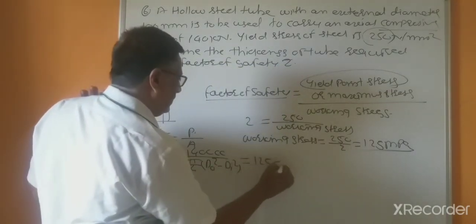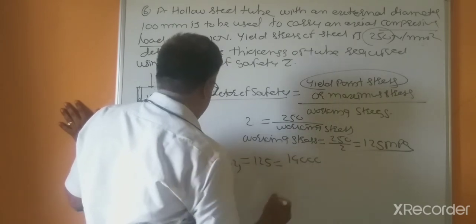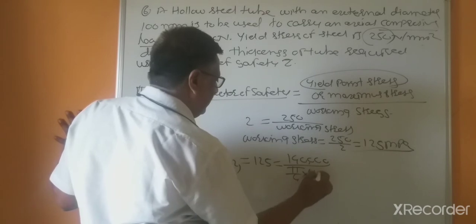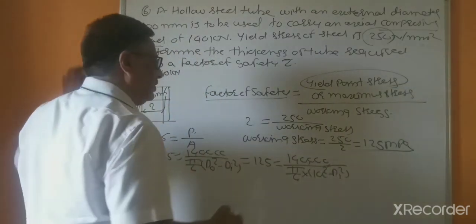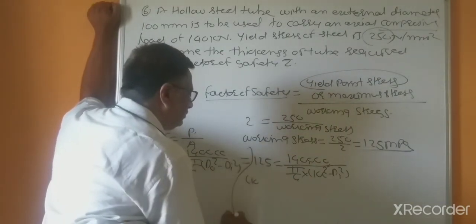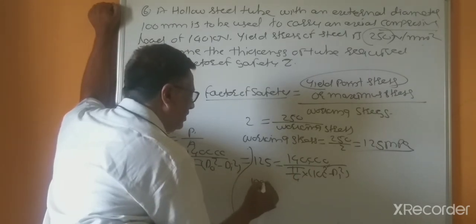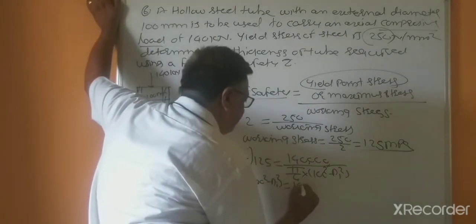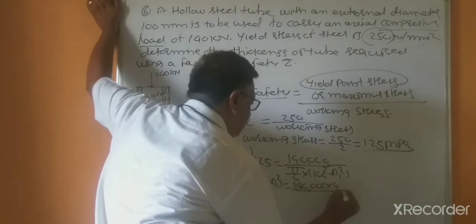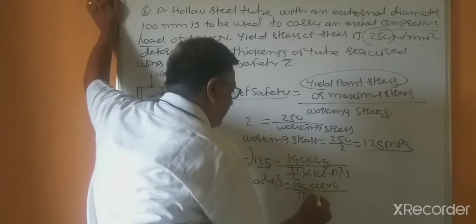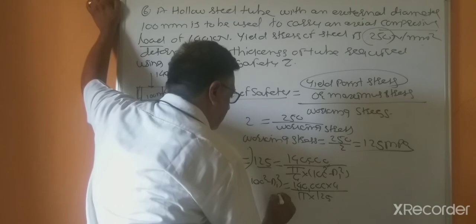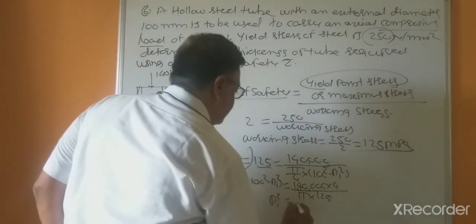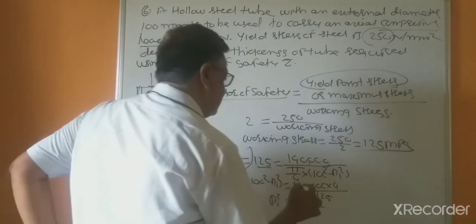Or we can write 125 multiplied by 1,40,000 divided by pi by 4 times (100 squared minus inner diameter squared). So by cross multiplication, 100 squared minus the inner diameter squared, multiplied by 4 and divided by pi, with 125. The inner diameter squared goes to the right-hand side: 10,000 minus these terms.